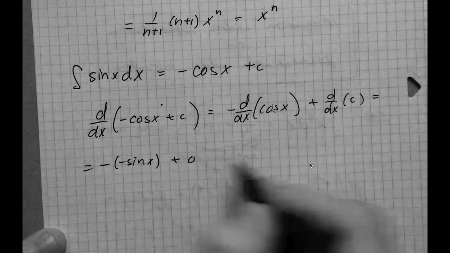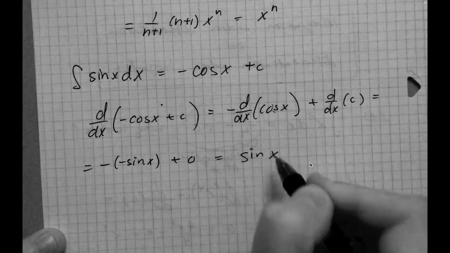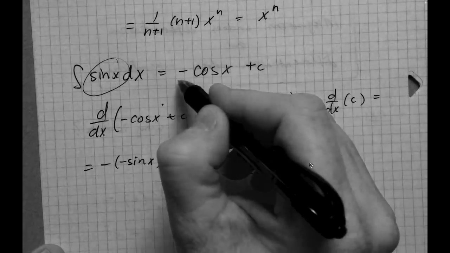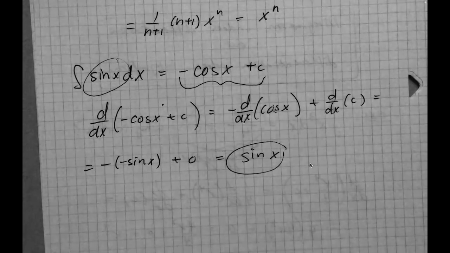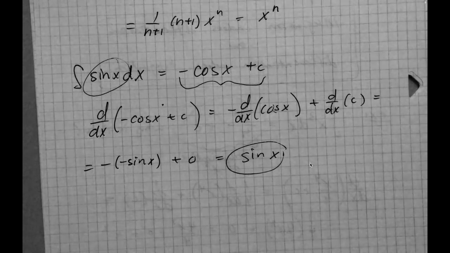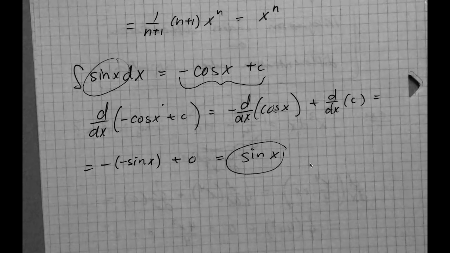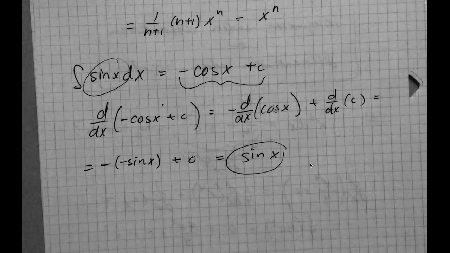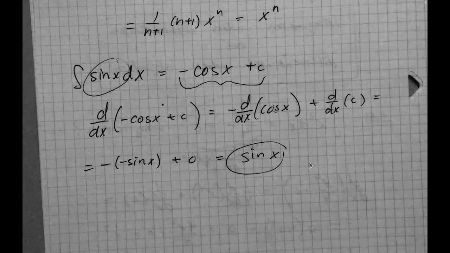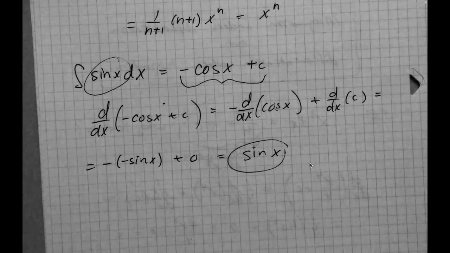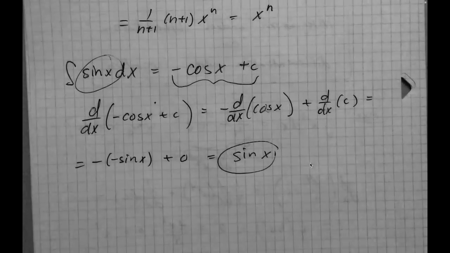And then this is, of course, 0, and so you end up with just sine of x. So this is the general form of the antiderivative of sine of x, therefore it's the indefinite integral of sine of x. We can get a whole bunch of them like this. We'll go through a list in a second here of all of these.